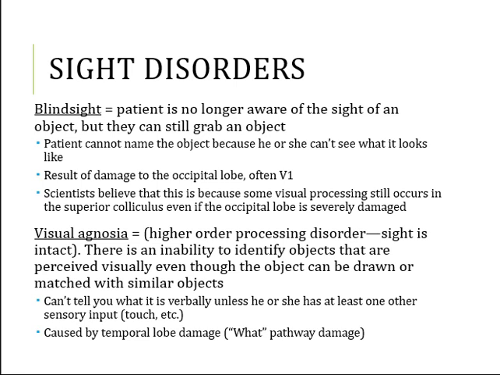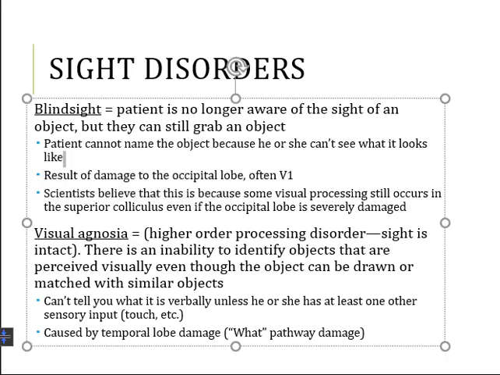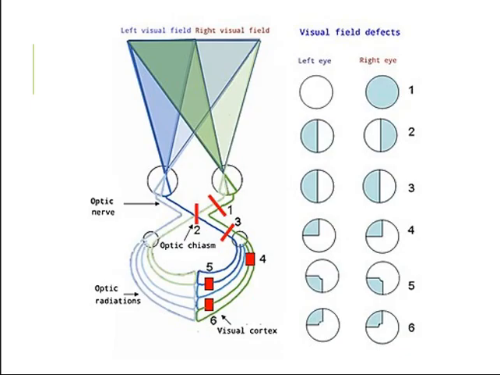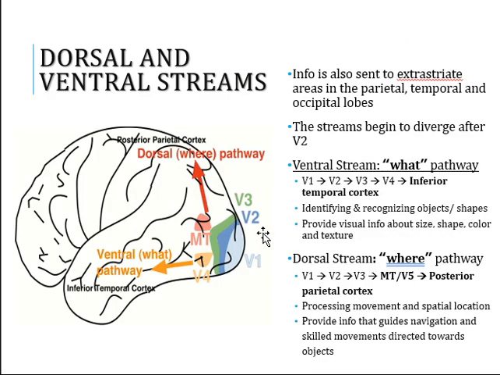So you can't name the object because you can't see what it looks like. And this can be a result of damage to the occipital lobe, so V1. The eye's workings are all functioning, except when we get to V1, which is processing the basic parts of what is actually coming from the retina.